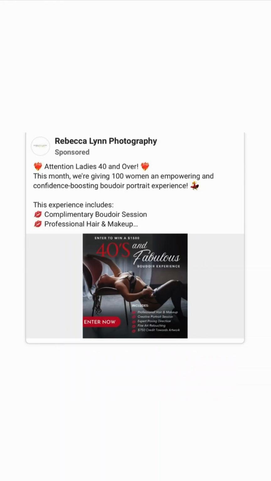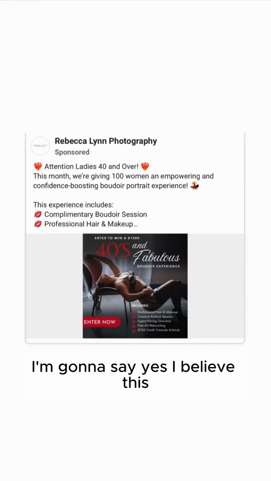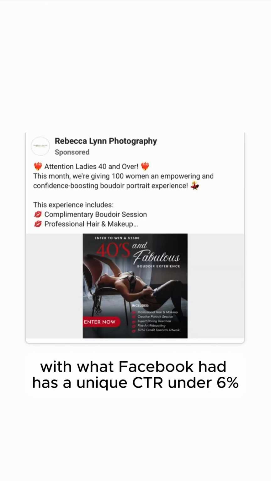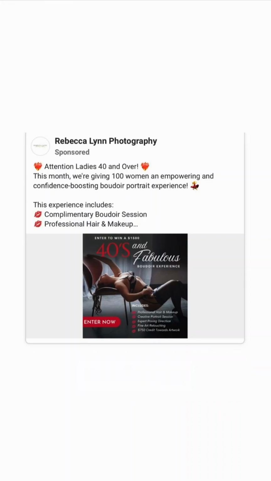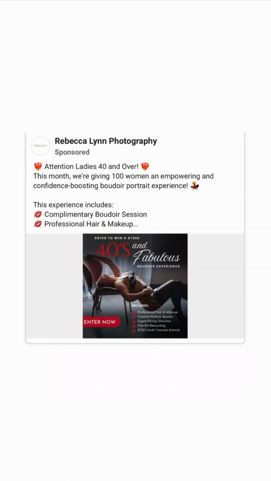All right, so looking at these two things that I commented on, I'm going to say, yes, I believe this Boudoir Facebook ad has a unique CTRL under 6%. Therefore, yes, I do believe it has BLCS, aka Boudoir low click syndrome.